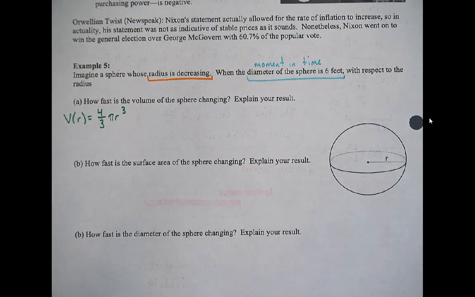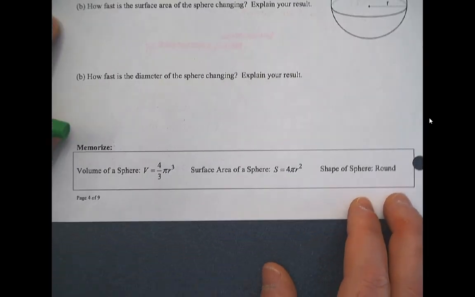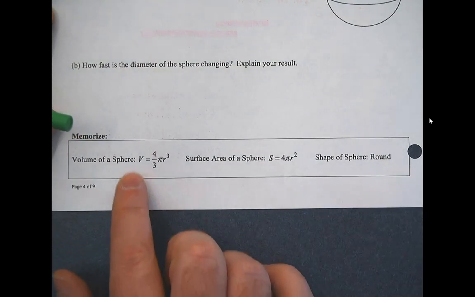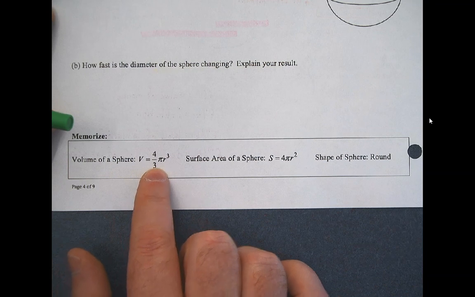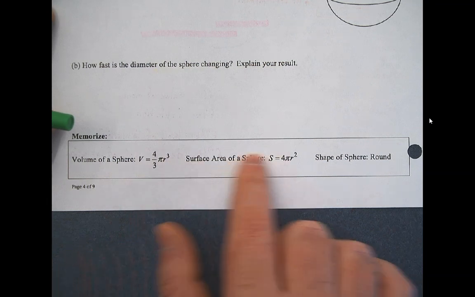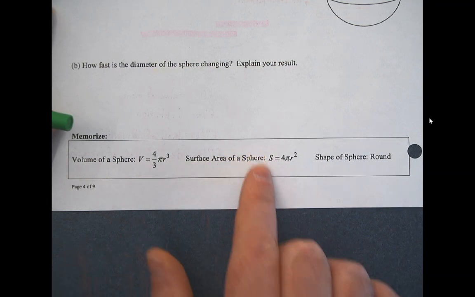There's a couple of formulas that I expect everybody to memorize. Maybe it would be worth it right now to talk about those. Let's put those at the bottom here. So the volume of a sphere is worth memorizing. Then I'll talk more about the surface area in a second.